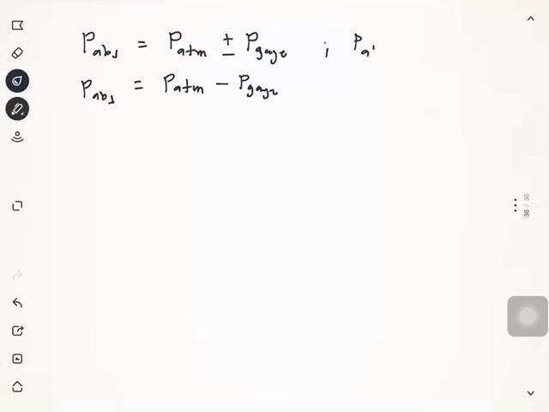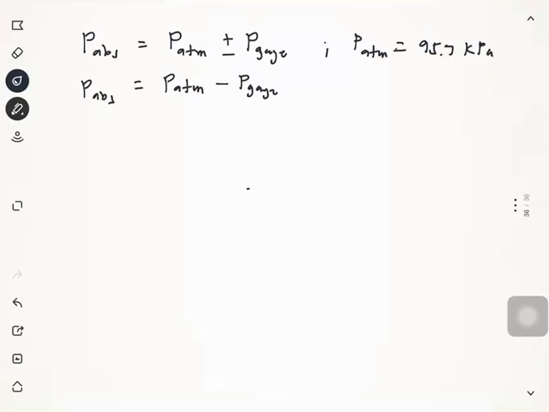So we have this absolute pressure. This is the atmospheric pressure plus or minus our gauge pressure. Since in our problem we have the vacuum, that is negative.